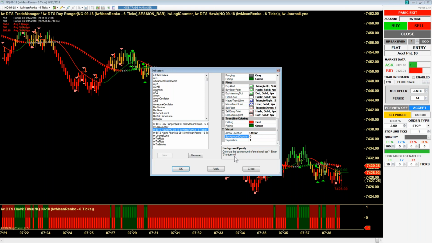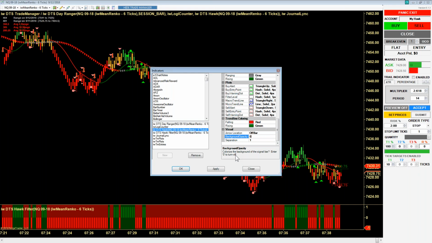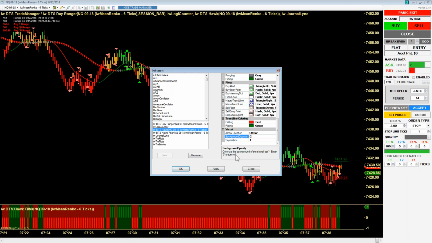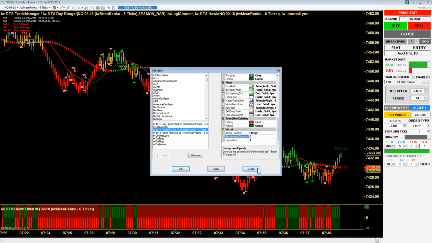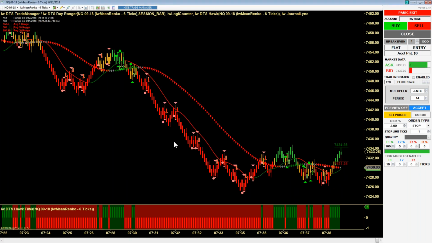Change the value to 0. And remember to apply. And that should clean up your chart.